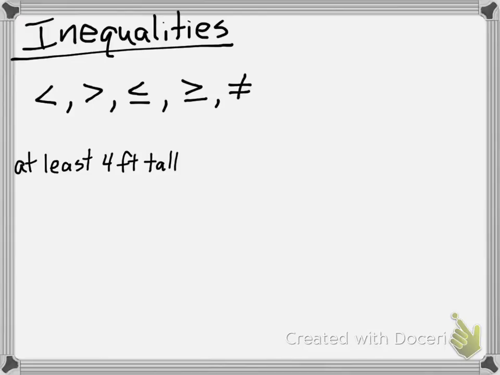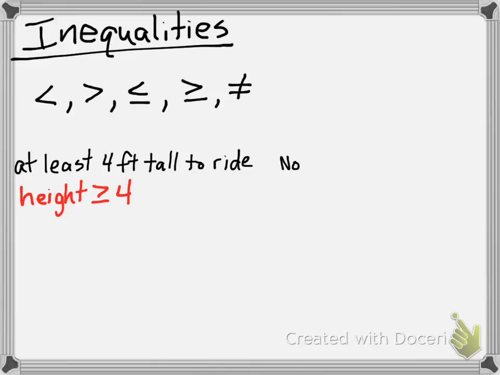Well, then that means that your height would have to be greater than or equal to 4. Because at least means it has to be 4 or more. Well, which symbol means equal to or more? Greater than or equal to. Okay, so that's one example of an inequality.